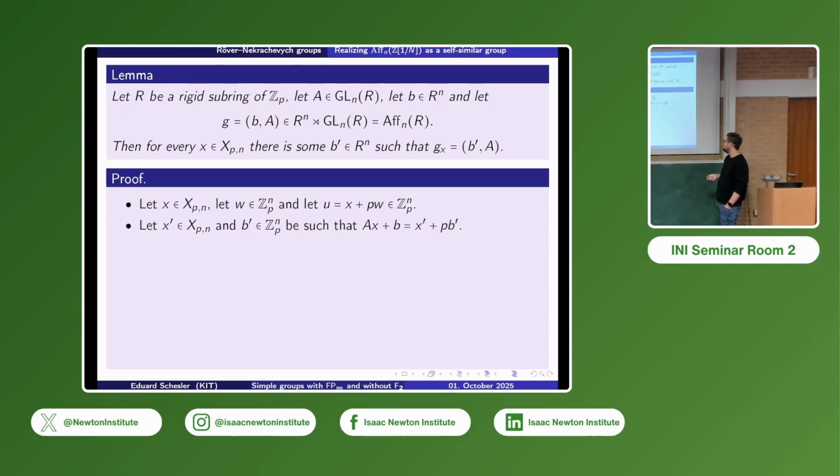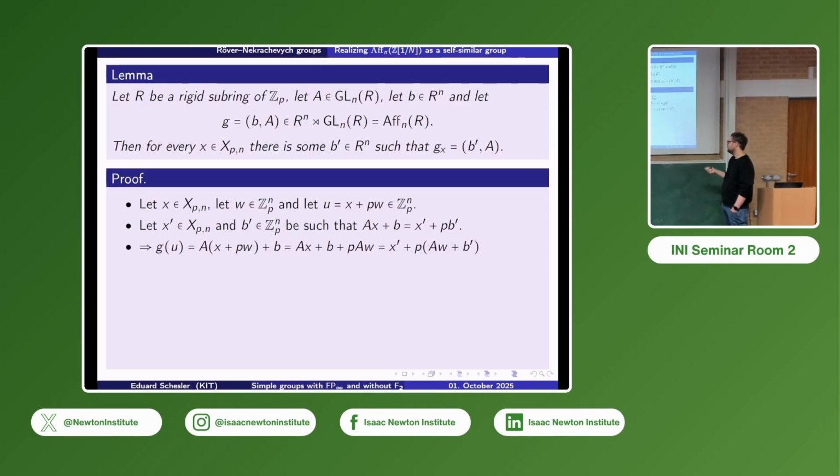So now if we let this affine transformation G act on X, whatever comes out of it will again have the form X prime, B prime, where X is an element of the alphabet and B prime is something.